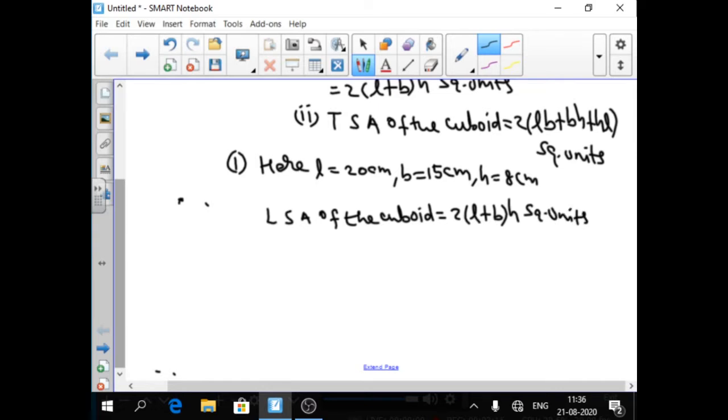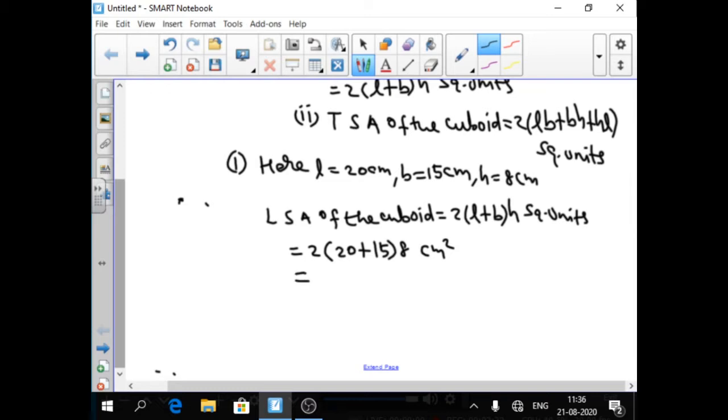Substitute the values: length is 20 centimeters, breadth is 15 and height is 8. Squared unit means we have to use centimeter square.